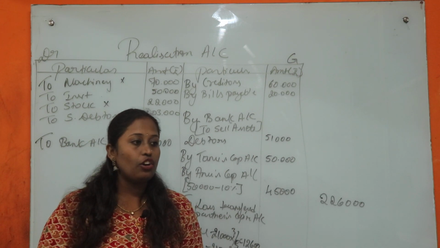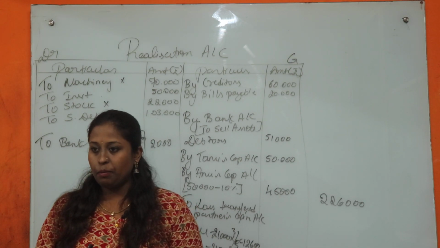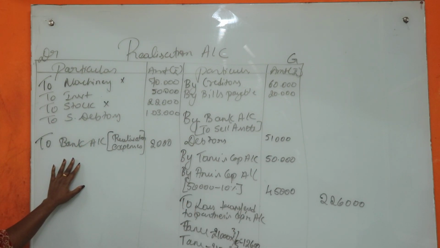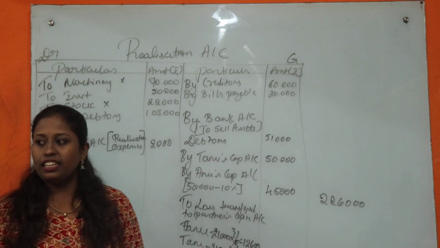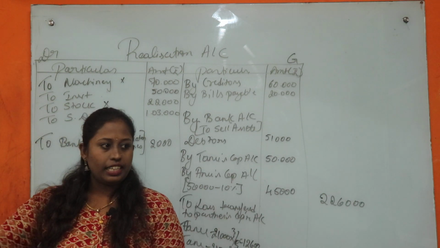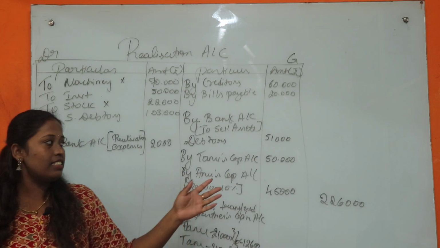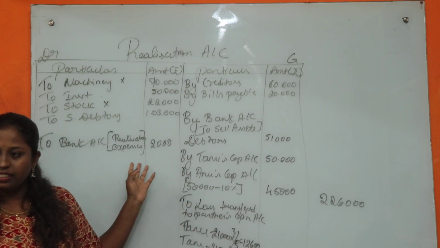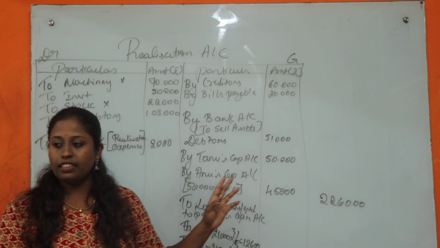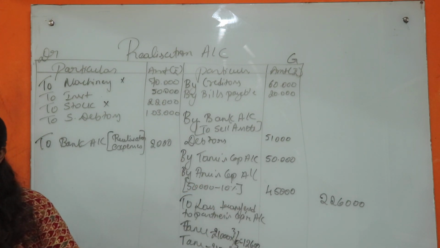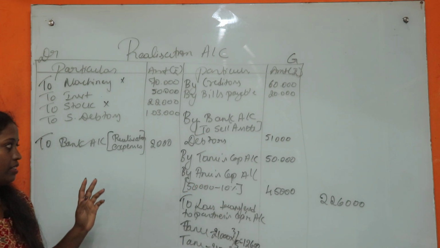That means we need not record that once again. As it is settled through our bank account, we have not paid anything. You might have seen in movies, if they have not paid the debt, they will take the assets the person has. It's the same kind of thing. They have not said they will not be paying, but the creditors and also bills payable have just taken over the required asset over here.